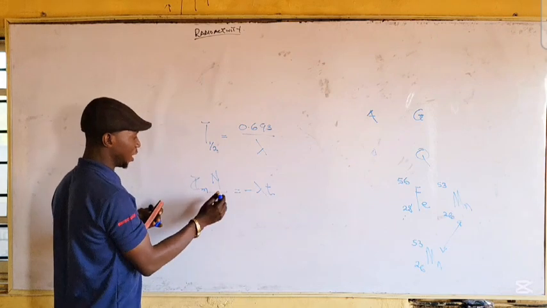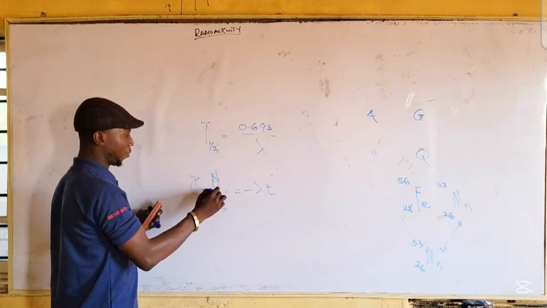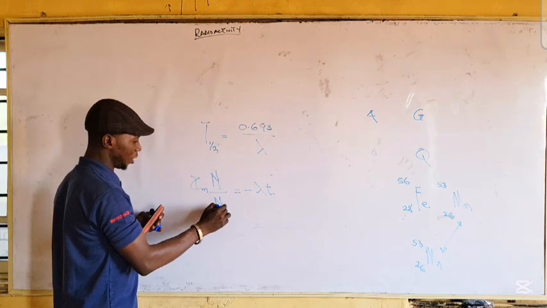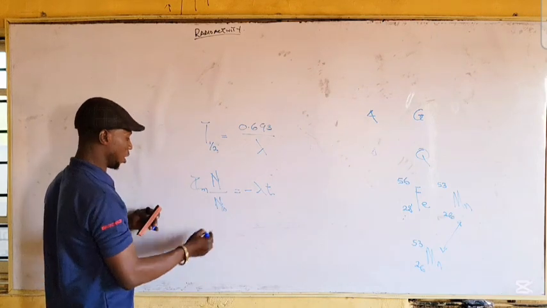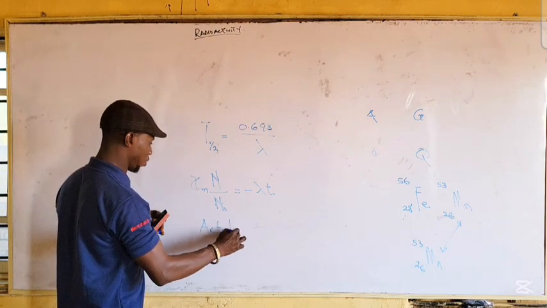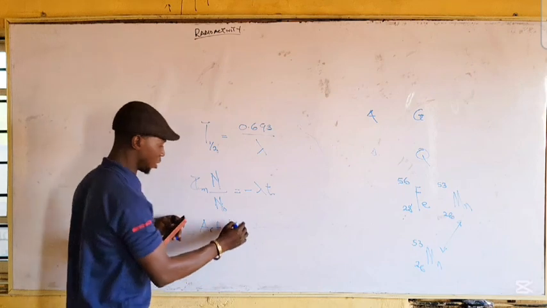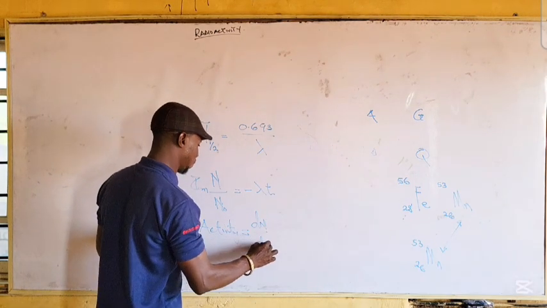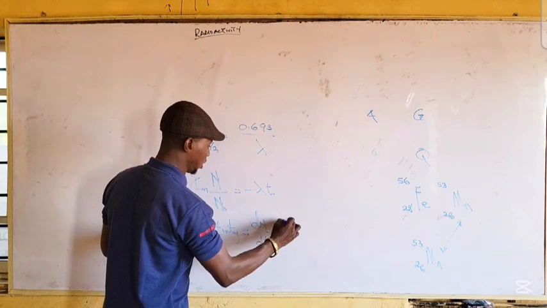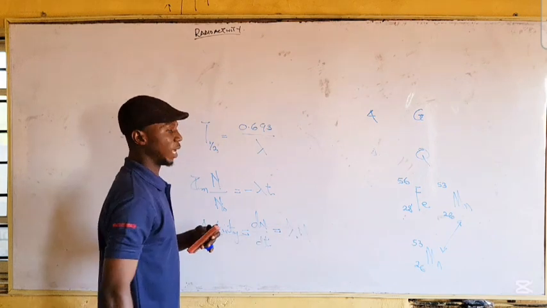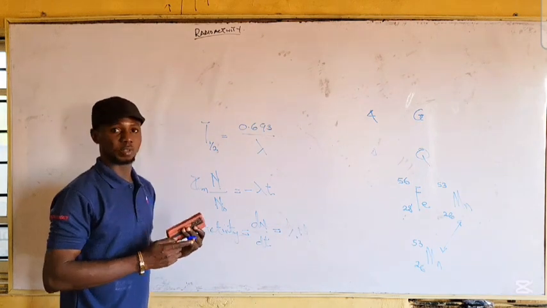Lambda is the decay constant, N represents the final amount of the substance, while N naught represents the initial amount of the substance. Then sometimes you may be asked to calculate the activity of a particular radioactive substance, which is represented as dN over dt, and it can be calculated using lambda N. Lambda remains the decay constant, while N is the final amount of the substance.